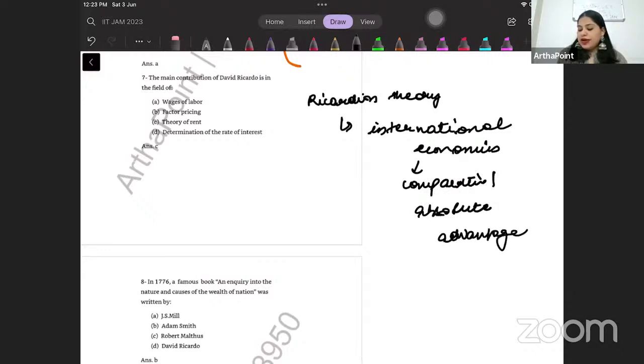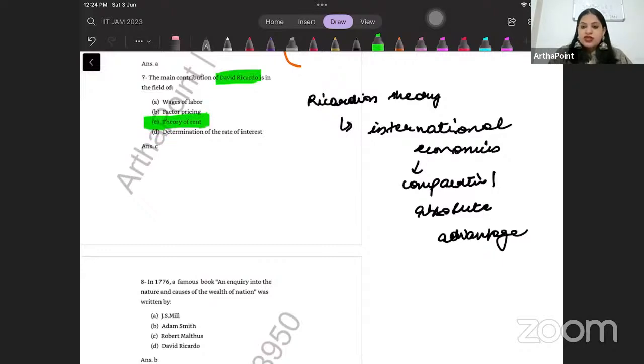Take a moment and tell me what kind of theory did he give in international economics? Right? Is it absolute advantage or comparative advantage? That's the first thing. Now, the other thing that Ricardo gave was in the field of the rent. So we know that David Ricardo can be linked to theory of rent.